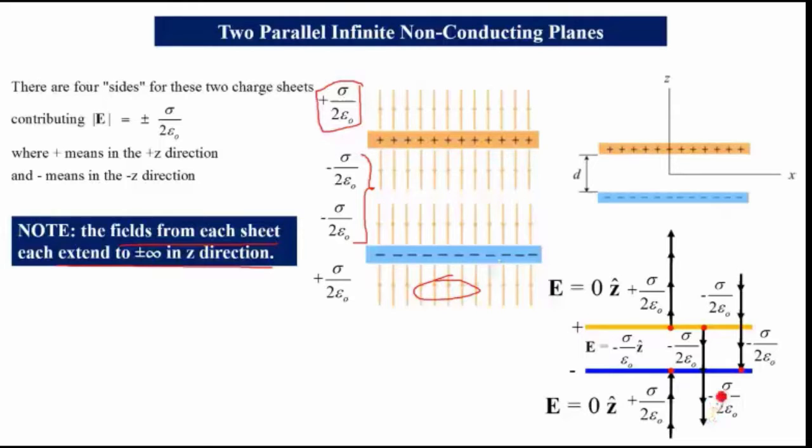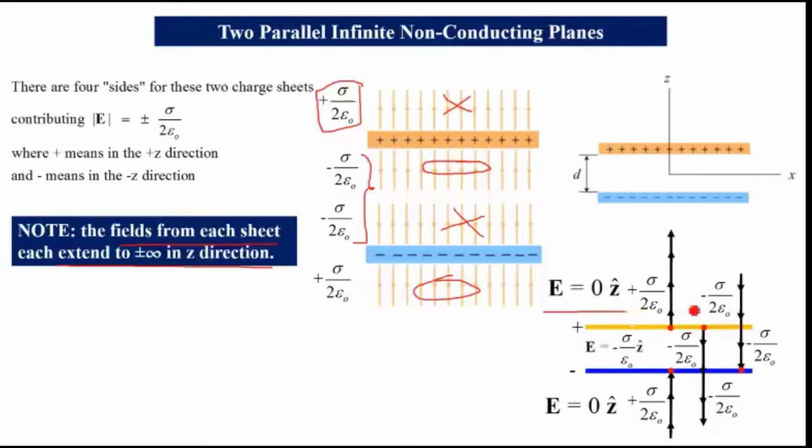This component here is coming from this part here. This extends from here to minus infinity. If we go up here, this contribution here is coming from here, and this one here is coming from here. So you add those two together, and you'll have one going up, one going down, of the same magnitude.